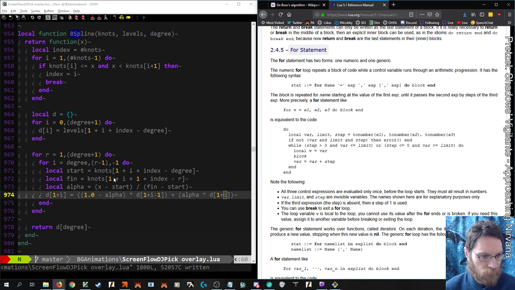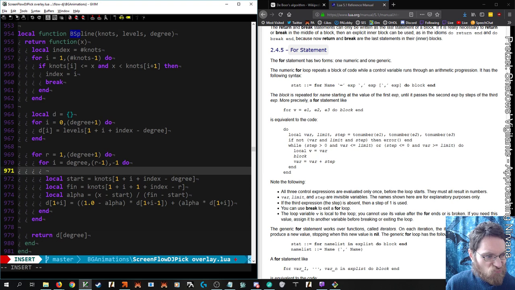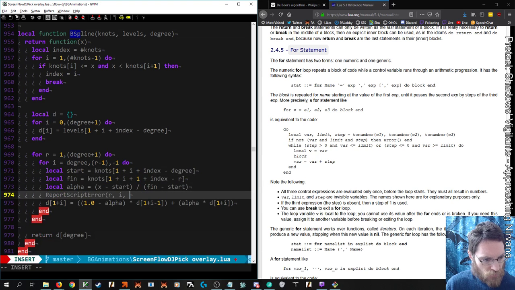Var limit step. Actually, does it work like that? We know it doesn't happen until this. We can get everything up to here. I might have to explicitly stringify things.